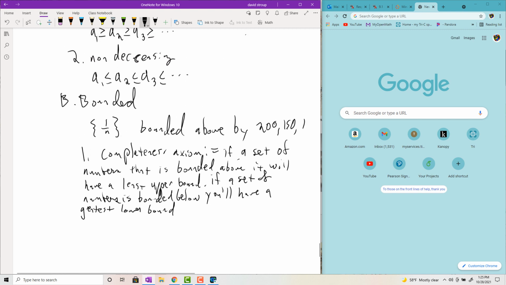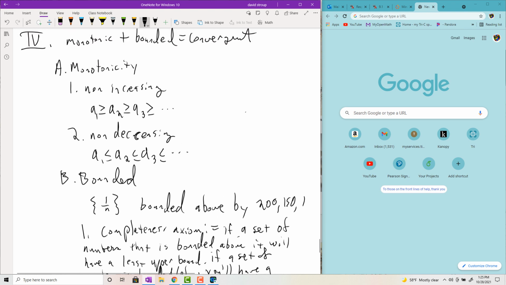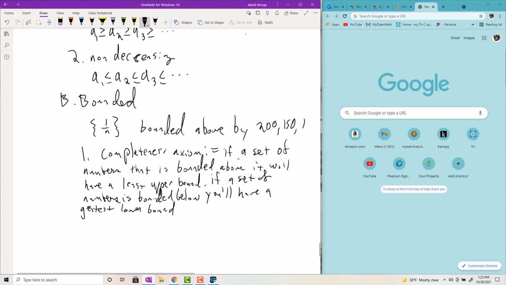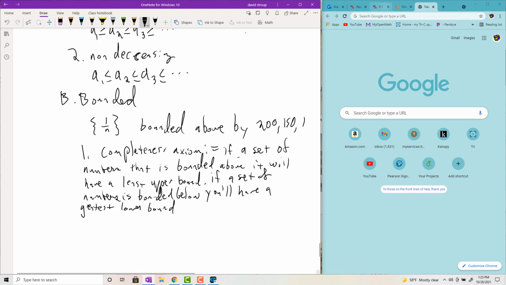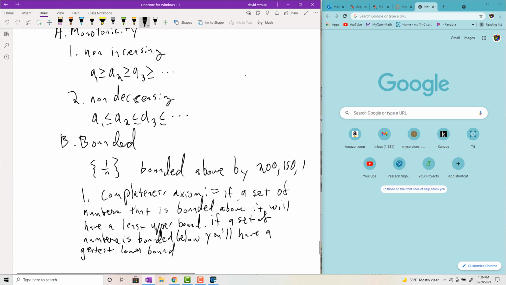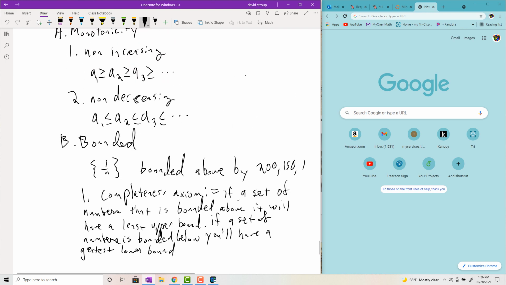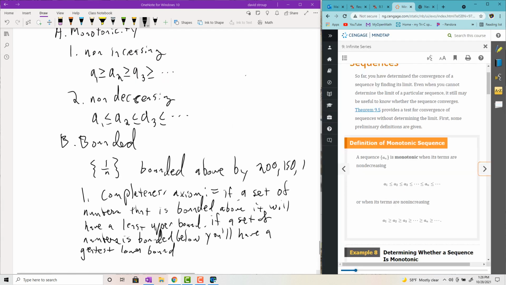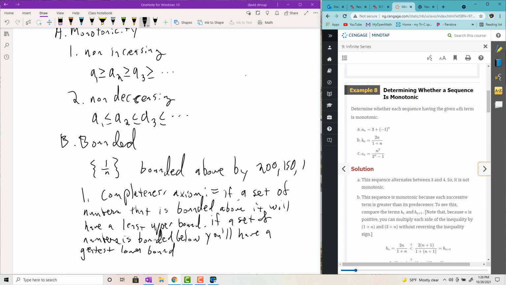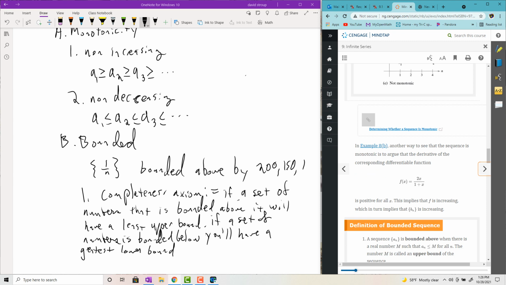All right. So there's these two issues, monotonicity and boundedness. In order to show a sequence is convergent, if we don't know the limit, one way to show that it's convergent is by showing it's monotonic and bounded. For monotonicity, you'll see in the book they give you some examples of determining whether something is monotonic, right?